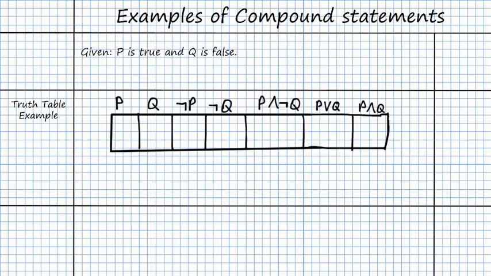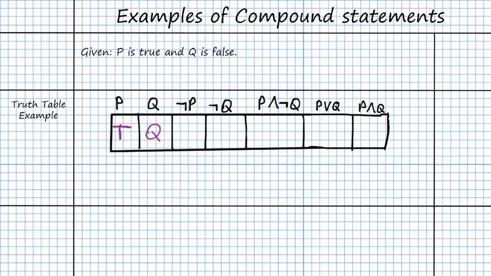So let's see how truth tables are really helpful to us. One thing that we can do is create this table, which will be immensely helpful. If we're asked to evaluate multiple different ways that a compound statement might be formed, making a truth table is the easiest way to do that. So we know that P is true. We know that Q is false.